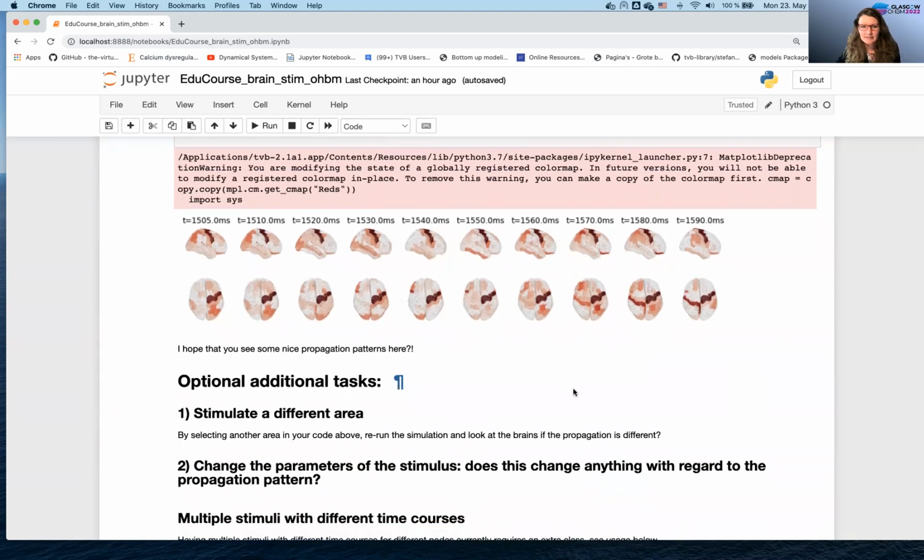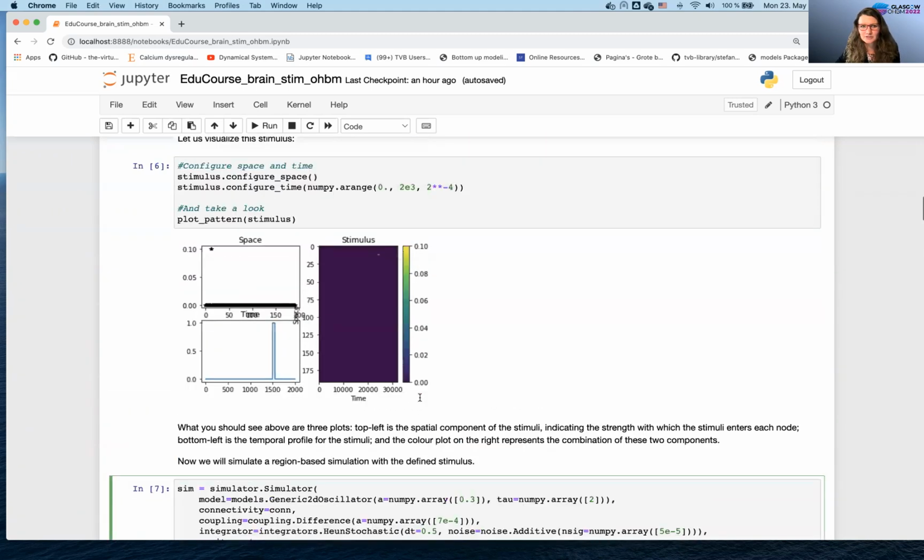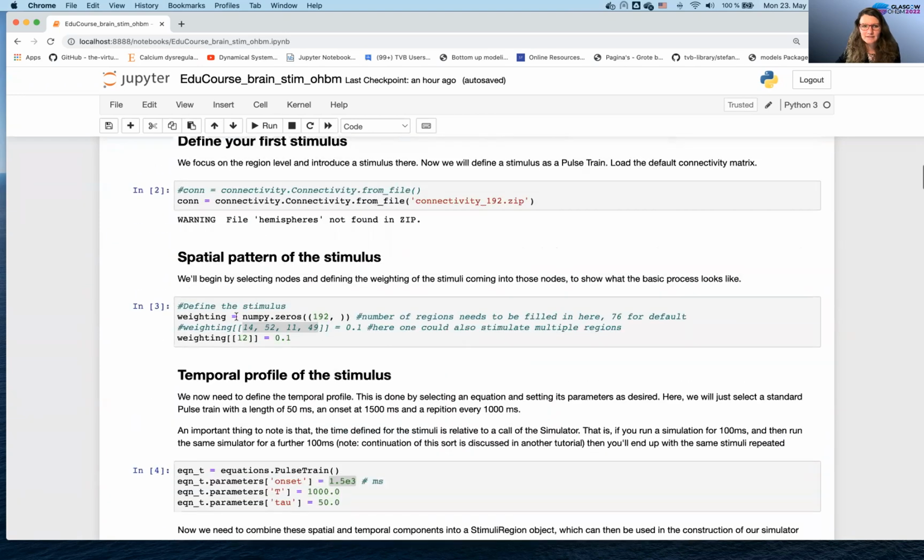All right, so we can now stimulate a different area. How will that actually differ in our code? All we need to do is go back to the line where we had 12 and maybe put 90, or let's say 30.